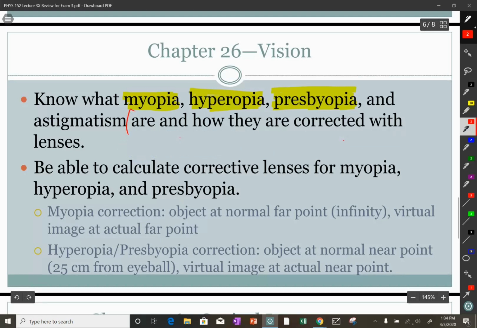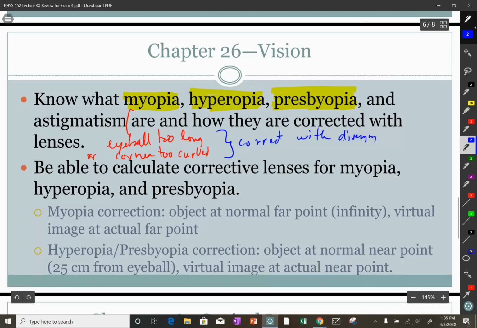So the eyeball too long, or cornea too curved. You correct that with a diverging lens, or today you could have a laser surgery to flatten that cornea.